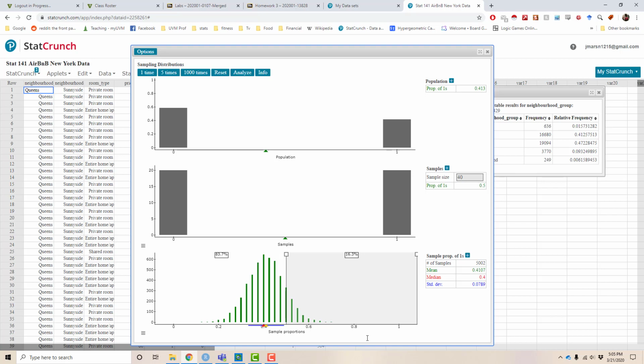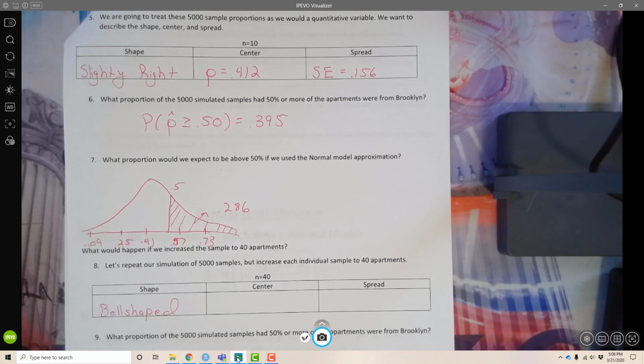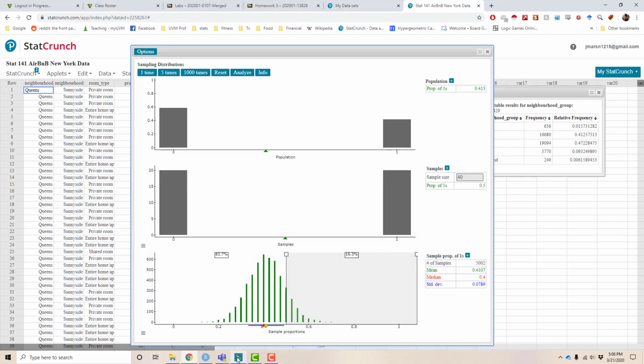So, if we go about describing our 3 characteristics, the shape is much more bell-shaped. So that's the first thing we want to note, that it's bell-shaped. And then we want to try to figure out, most of these are probably going to be wrong, probably not going to end up with a sample proportion of exactly 41%, the population proportion, but as a group, how well do they perform?